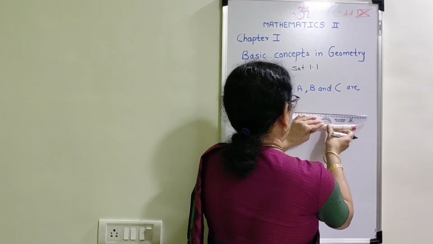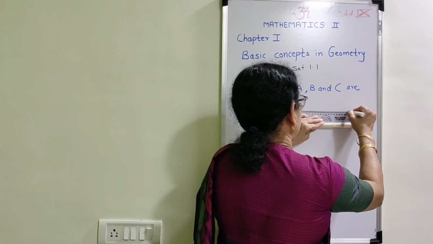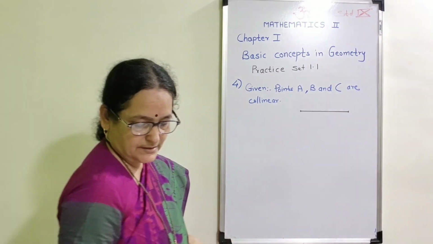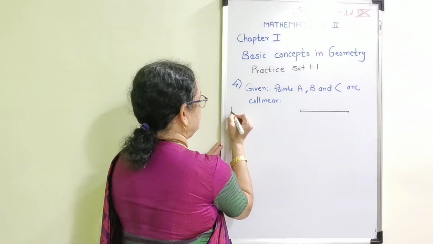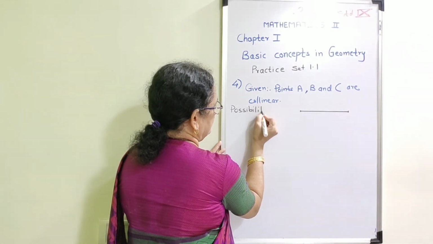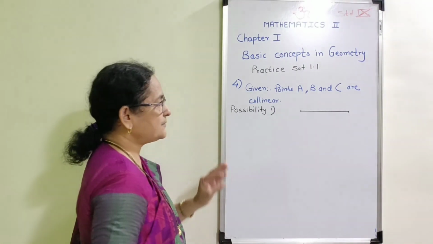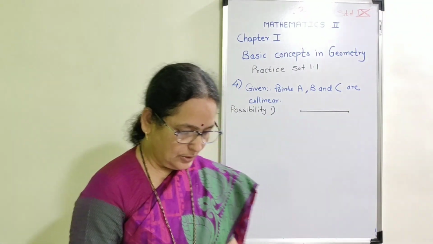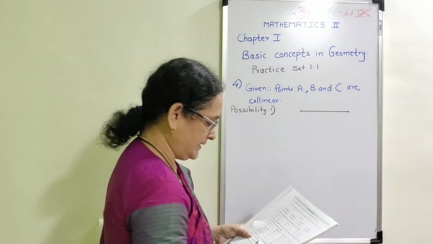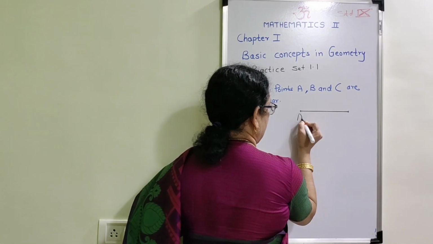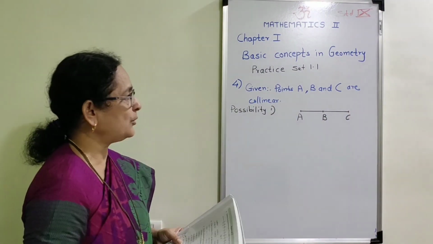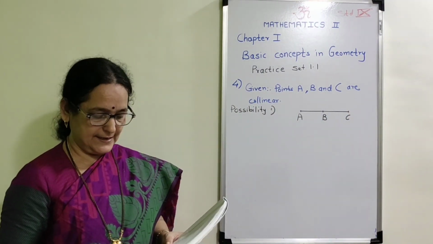Suppose we have considered possibility number 1. In the first possibility, first of all, observe the given distances. AC is 10 and CB is 8, and therefore I have taken A dash B dash C. That means I have taken point B in between points A and C.